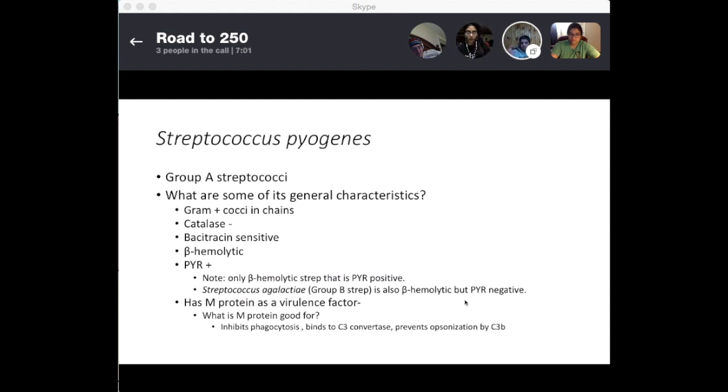So you want to keep those in mind. Most patients who have strep infections won't get both rheumatic fever and post-streptococcal glomerulonephritis. Their M protein subclasses are different, so they'll get one or the other. Just keep that in mind.